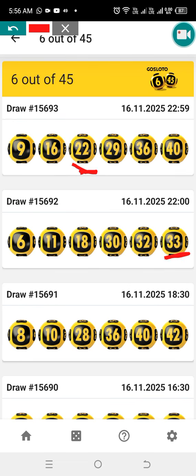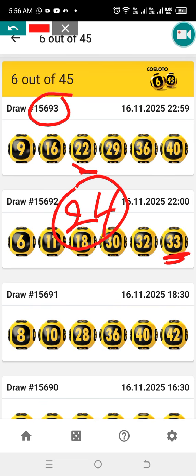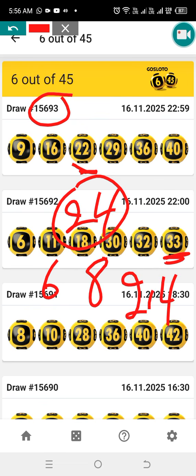33 was already dropped. Now we're going to have a 24, right? 24 is 2 plus 4 is 6. When you multiply is 8. When you say is 2 and 4. When you divide is also 12. Multiply is 48, which is not valid, right?